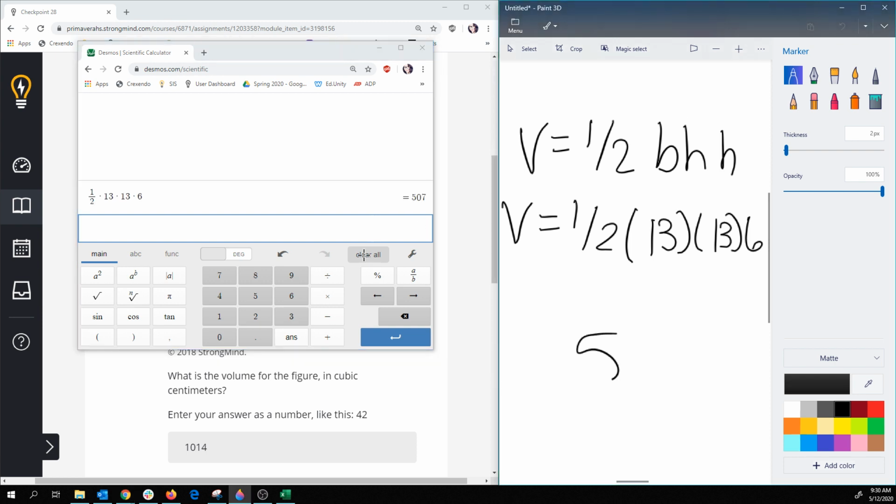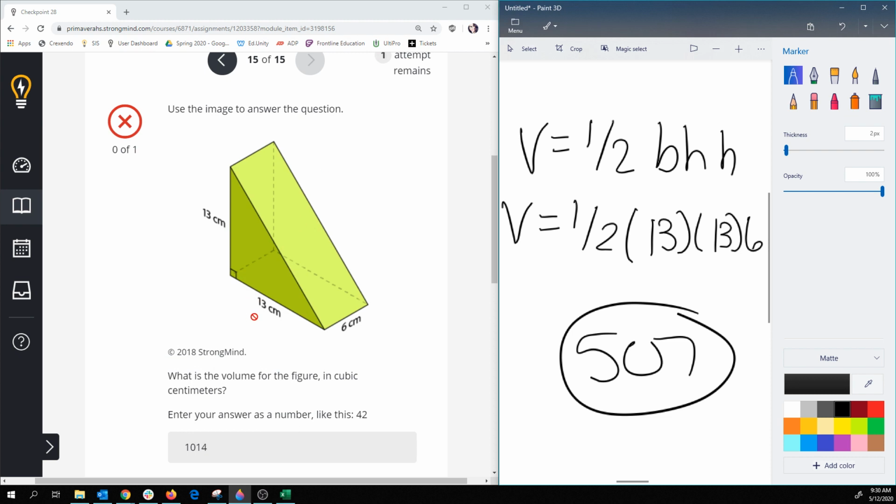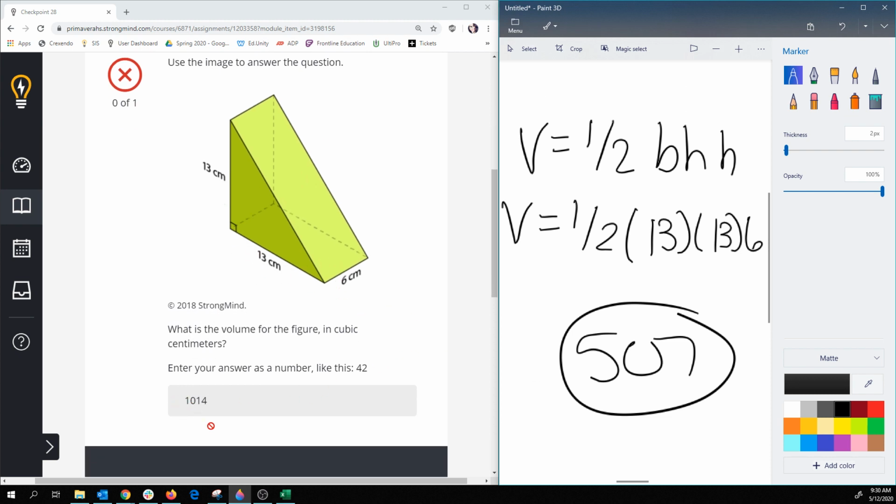And I get 507. So very, very close here. Don't forget that you need to divide it by 2 or include that 1/2. Triangular prisms have to have that 1/2 in it as well, because that is a part of the formula. But yeah, that last one is 507, and once you have typed that in, you are good to submit.